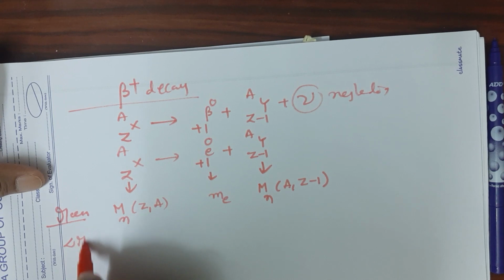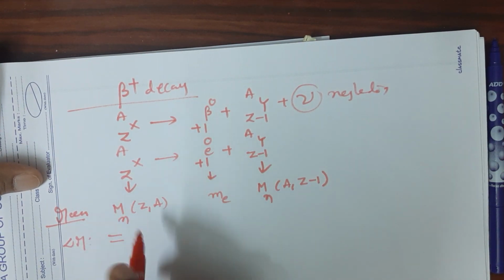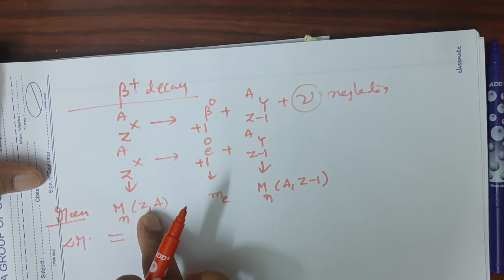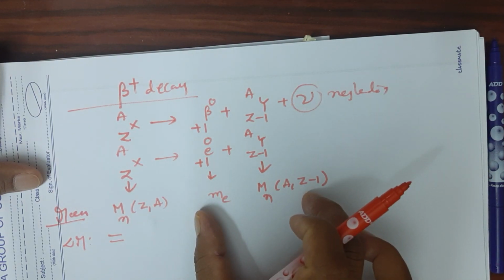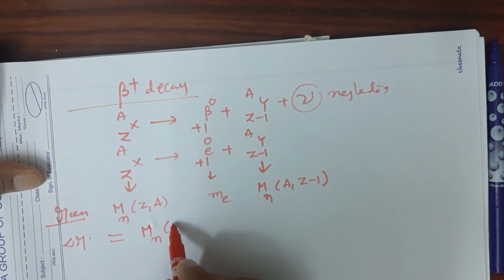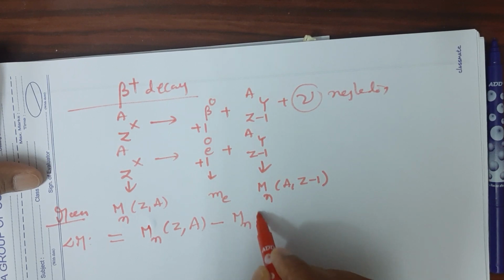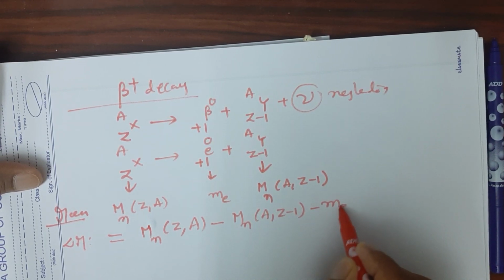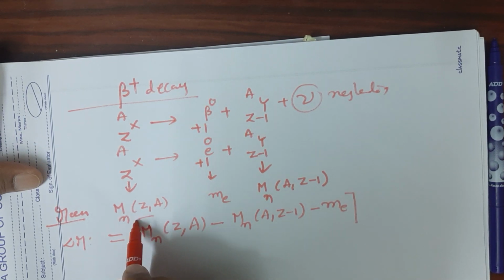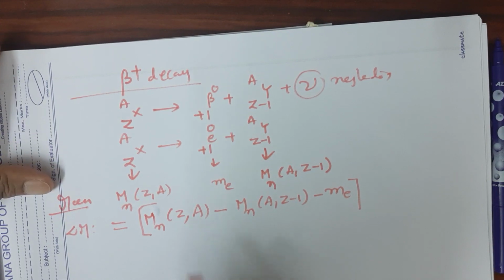Then what is the mass defect? Delta M is equal to the parent nuclide mass minus the total mass of the products: Mn of Z A minus Mn of A Z minus 1 minus Me. This is the mass defect forming in the beta decay nuclear reaction.